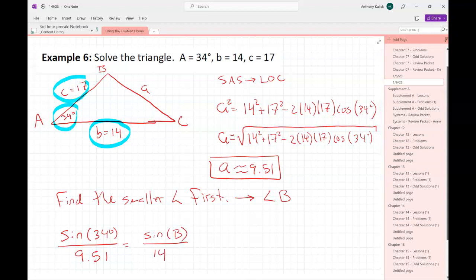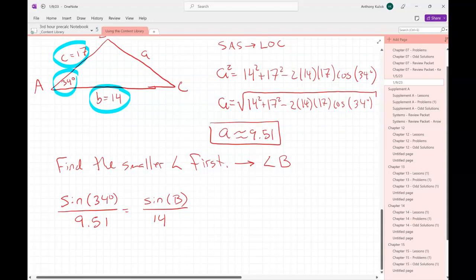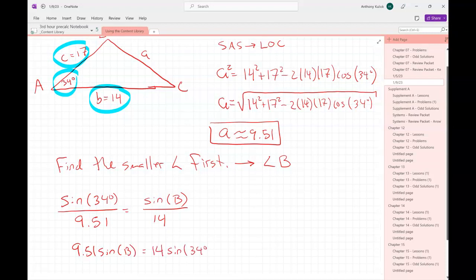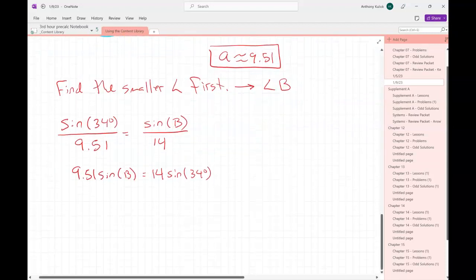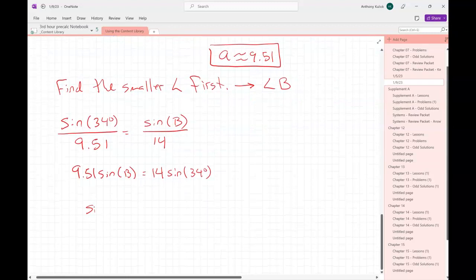So I'm going to set up my law of sines now. So I have sine A over A equals sine B over B. We'll cross multiply, and then we'll divide both sides by 9.51.